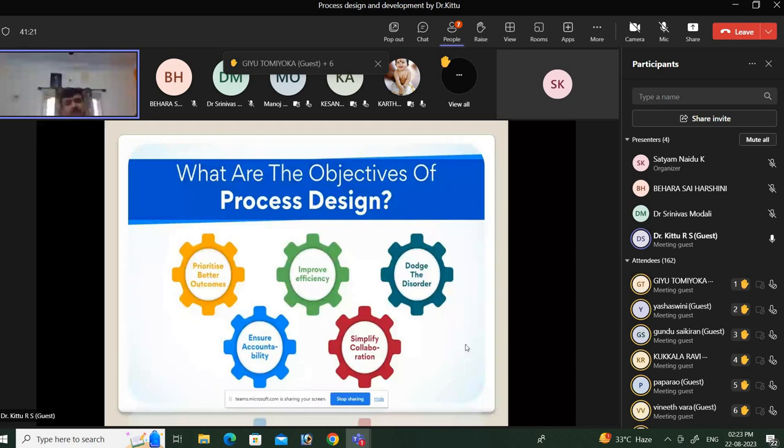Another purpose is to dodge the disorder. Dodging the disorder means reducing misappropriations wherever there is no proper flow.